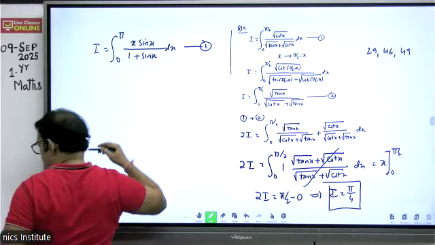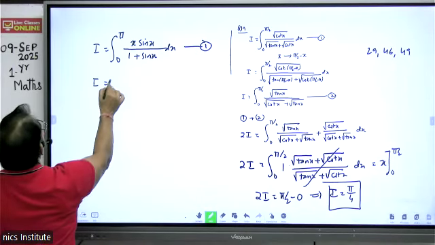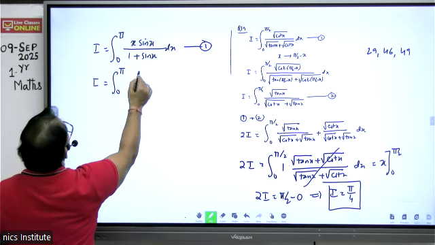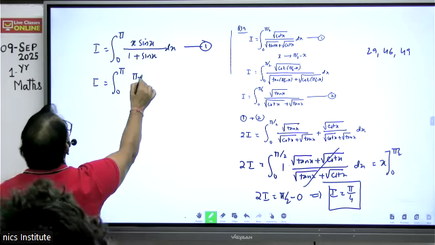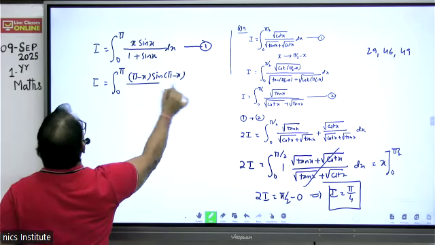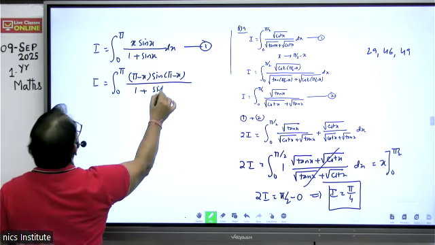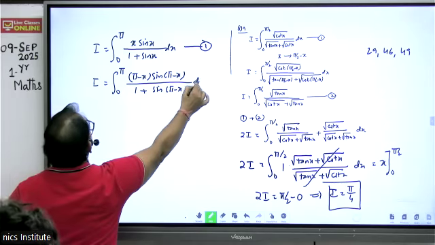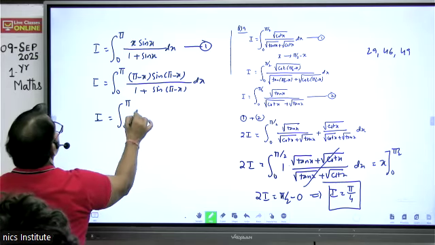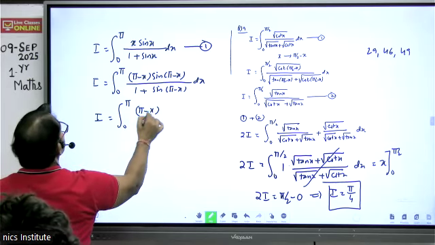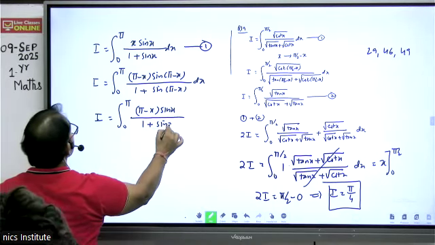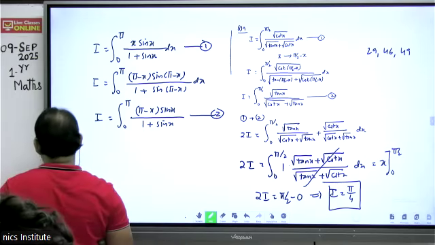Question number 1. Apply the property 0 to a. Whichever property you write, wherever you have x, replace it by a minus x. What is sine of pi minus x? Sine 180 minus theta is sine theta. So 0 to pi, sine x over 1 plus sine x. Again, notice equation 1 and 2 have the same denominator.